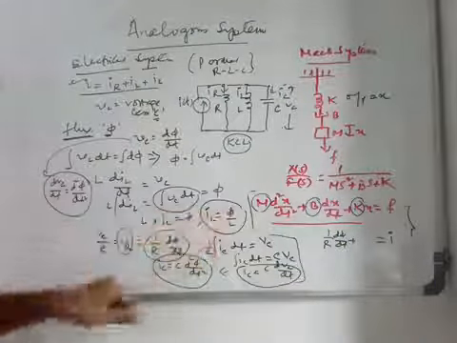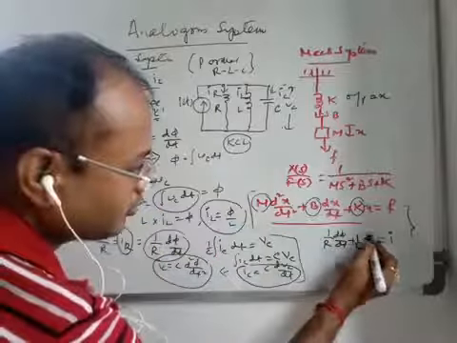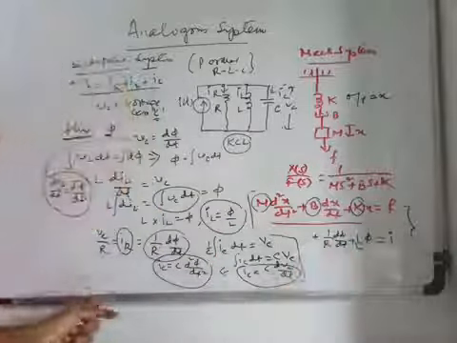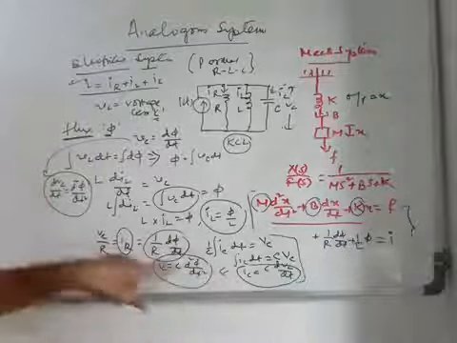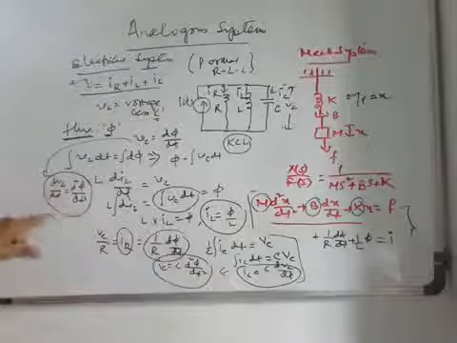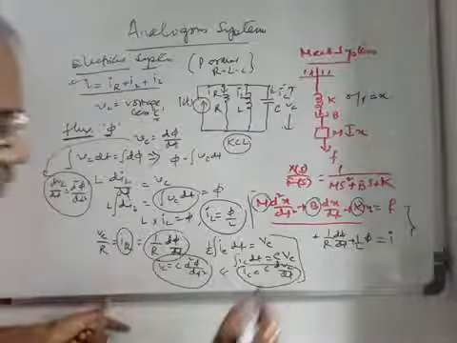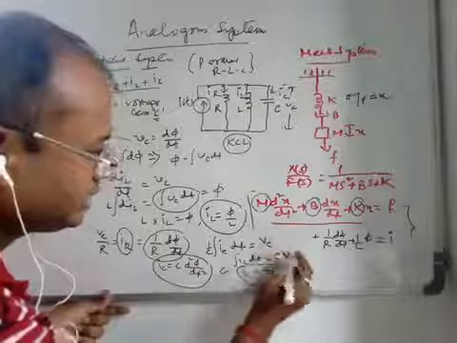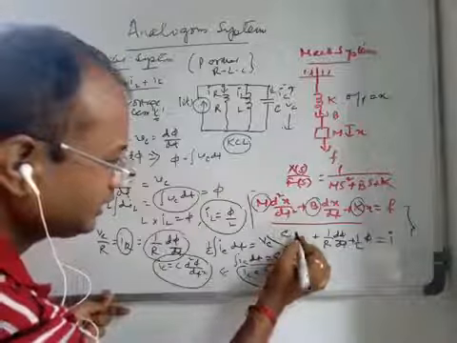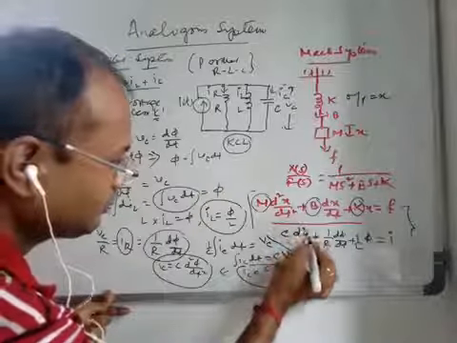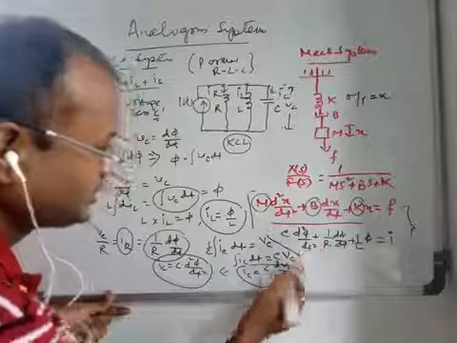IL is phi by L, so 1 by L phi, plus IC. IC is equal to C dVC dt, so IC is equal to C d square phi dt square.